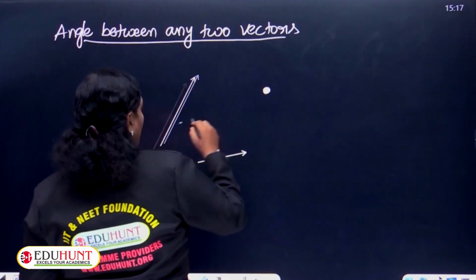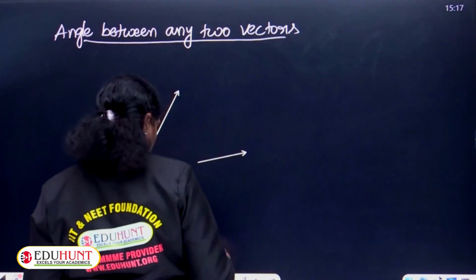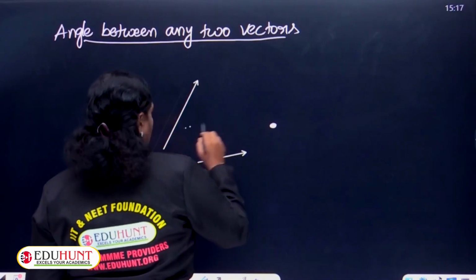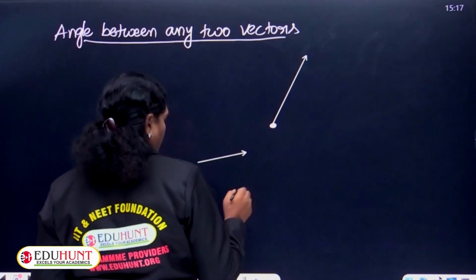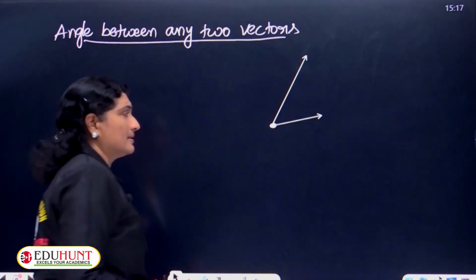And from this point, let us draw two different vectors. This vector and another vector shifted parallel to itself.